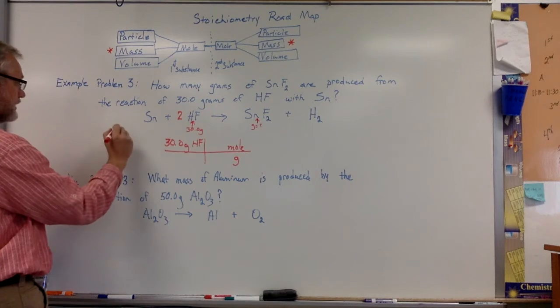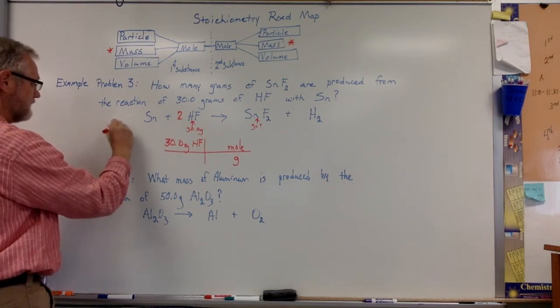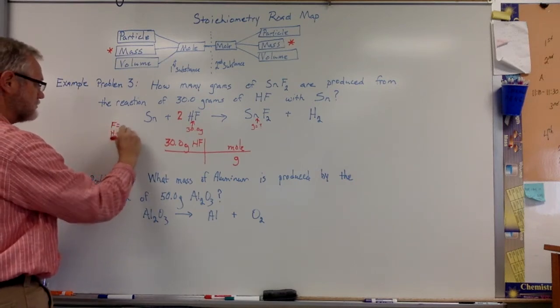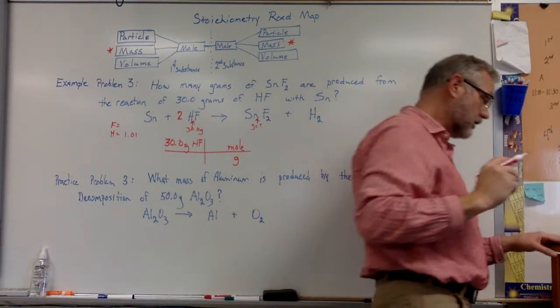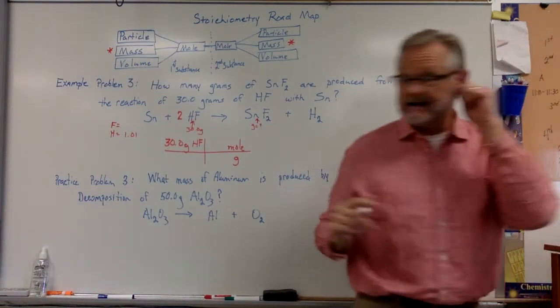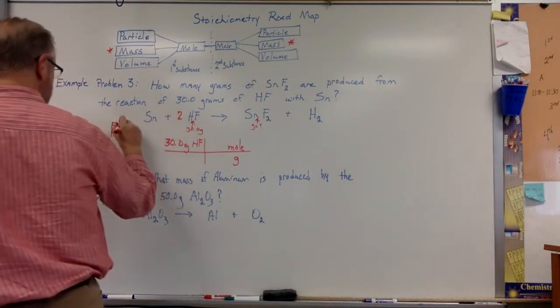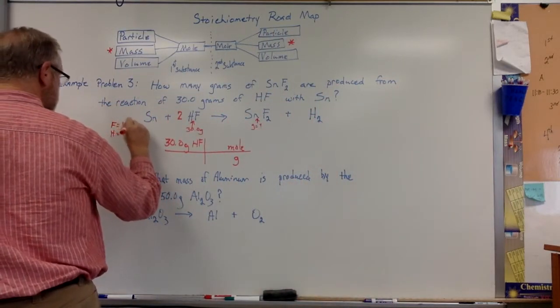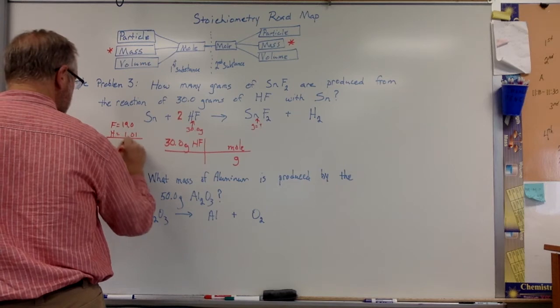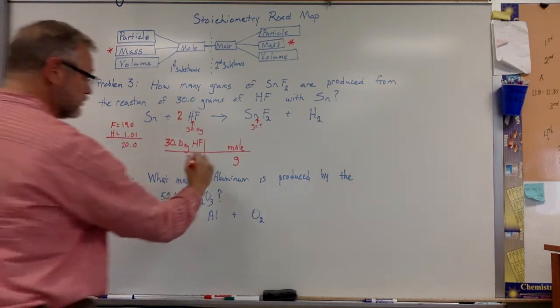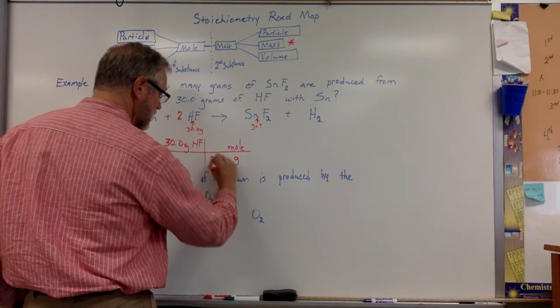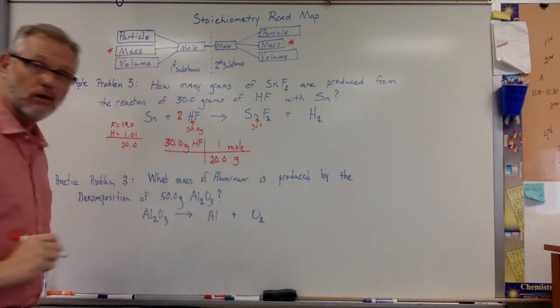If I have a hydrogen, that's 1.01, and a fluorine, I look on my periodic table, is 19.0. When I add this up, the molar mass of HF is 20.0 grams per 1 mole.